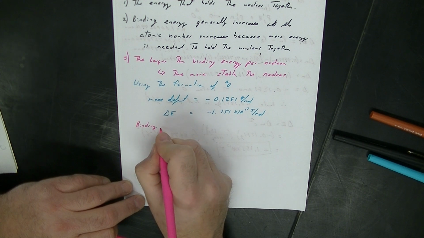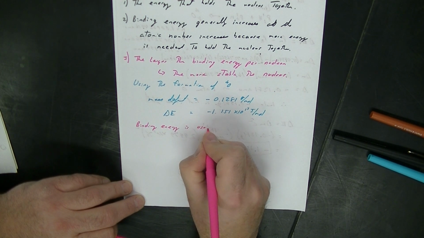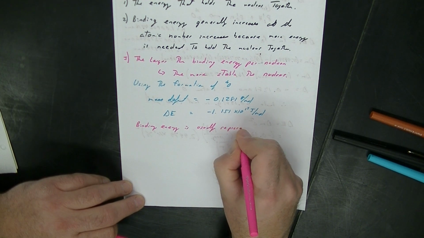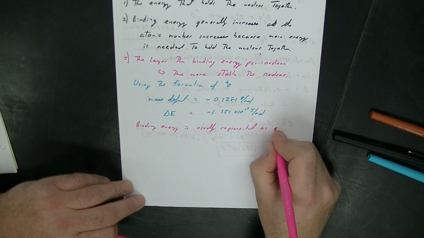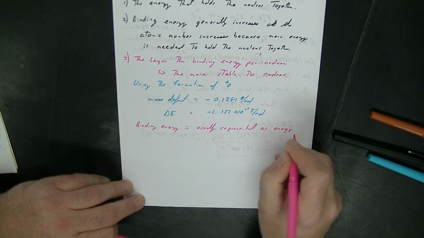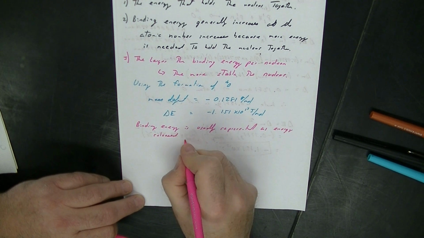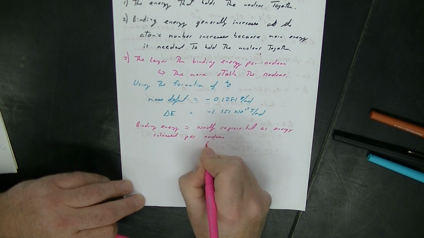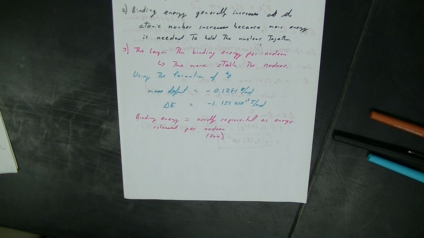All right. So binding energy is usually represented as energy released per nucleon. Remember, that's the protons and neutrons.